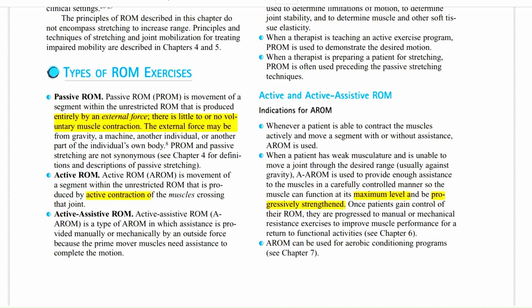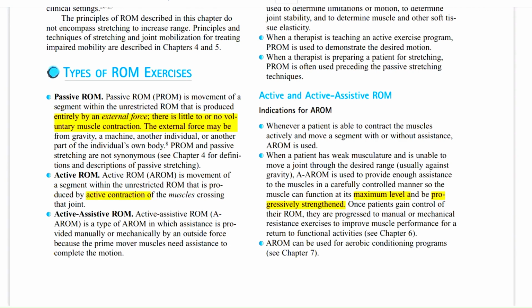After that, active assisted range of motion is basically when the patient needs external assistance while performing an active range of motion. That means the patient can perform, like, as you know, shoulder flexion is 160 to 180 degrees normal. Okay, the patient can perform easily up to 120 degrees, but after that he needs external assistance.